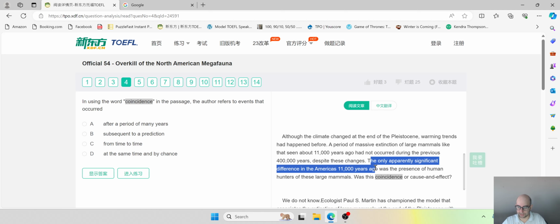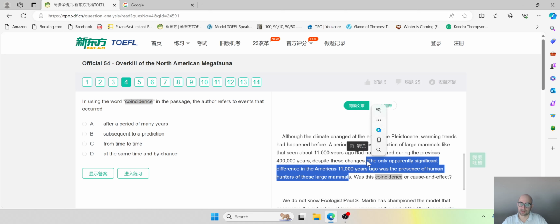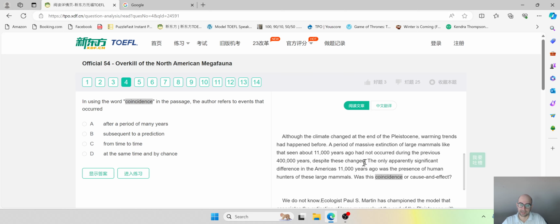So now you come here, always pay attention to that sentence before this. The only apparently significant difference in the Americas 11,000 years ago was the presence of human hunters of these large animals. So here's a factor, right? Here's a point they're mentioning. And now when we read this sentence, was this coincidence or cause and effect? Okay, so what was the question?